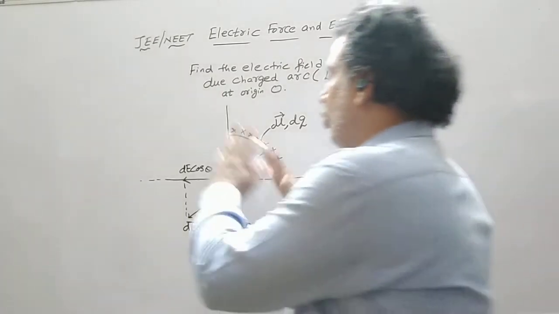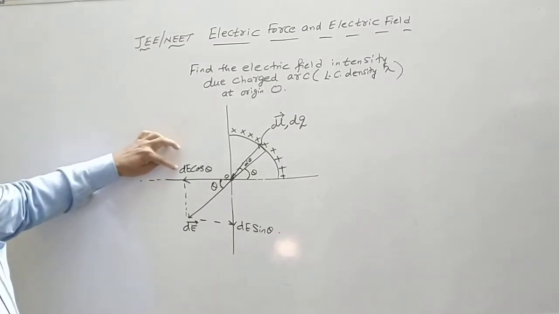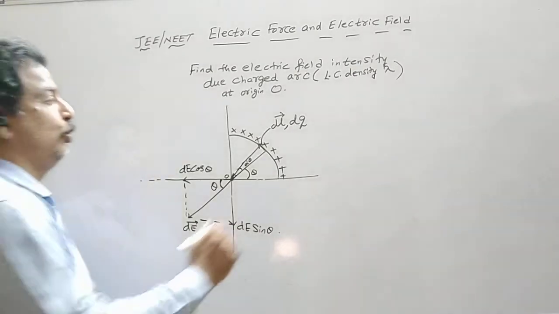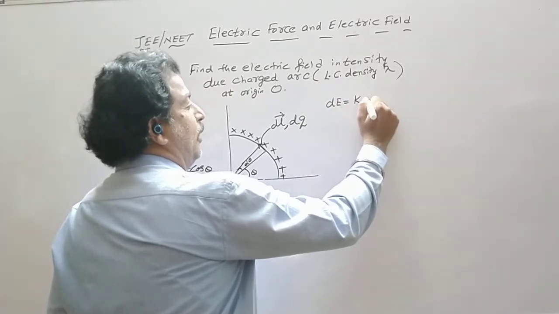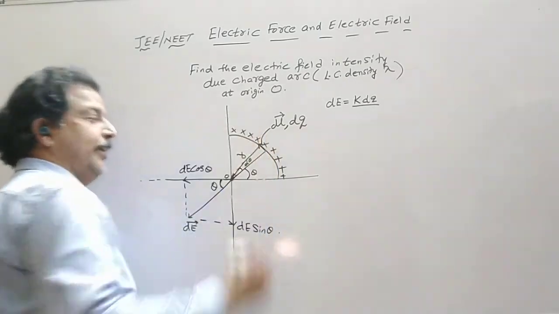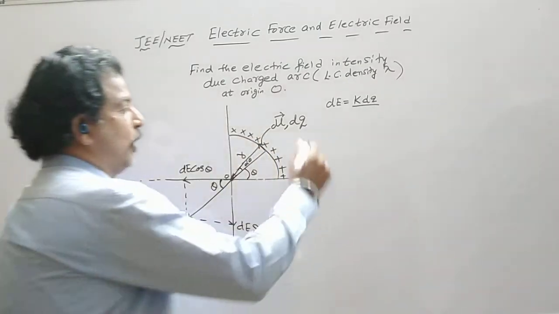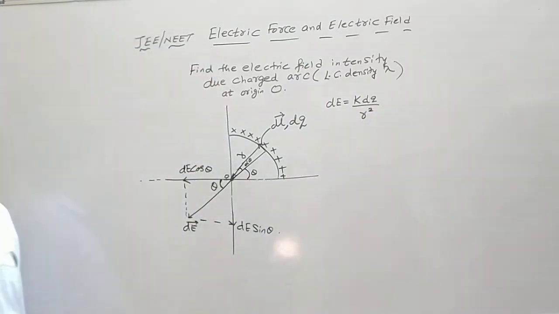Now the first step in all such sums is we find out the magnitude of the electric field intensity. So dE can be written as K source upon distance squared. Let R be the radius of this arc. So this can be written as R square.